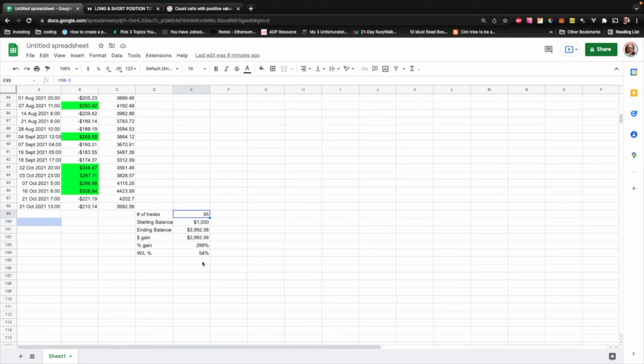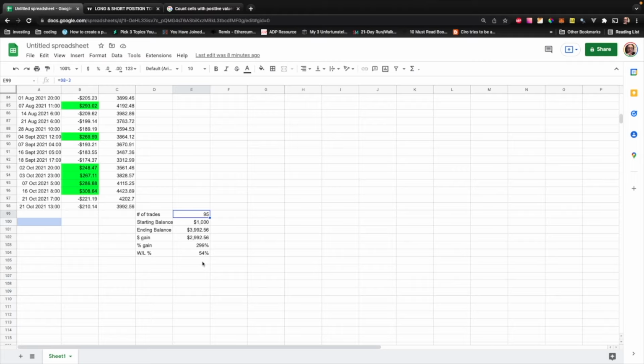And I highly recommend that you do, especially if you're just learning about Bollinger Bands, which hopefully that's why you're here. But keep in mind that win-loss ratio, even though this was a successful strategy, we didn't lose more money than we made. But with 54%, that's only 4% better than just flipping a coin.